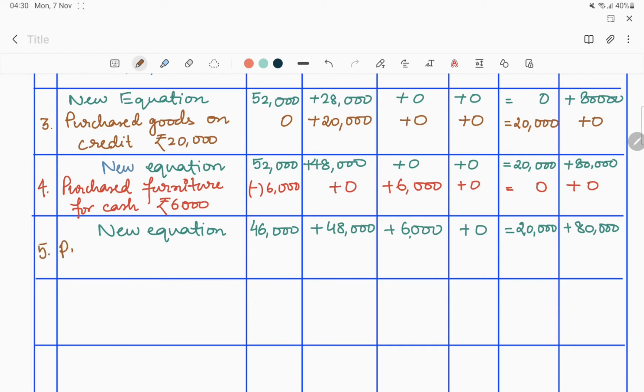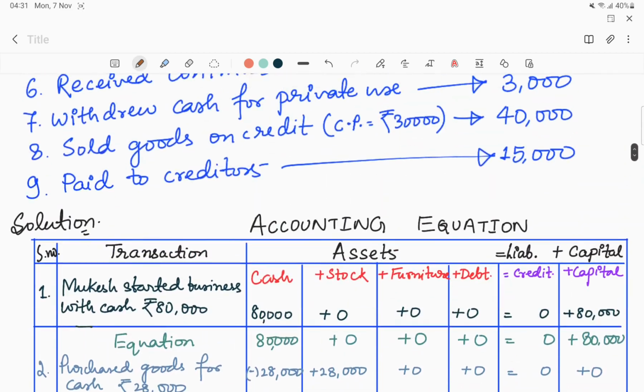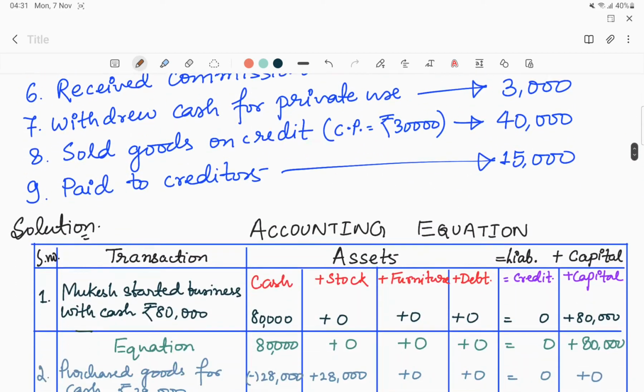Then in transaction we will write paid rent. How much? Paid rent rupees 5,000. Sorry, rent amount is 2,000.